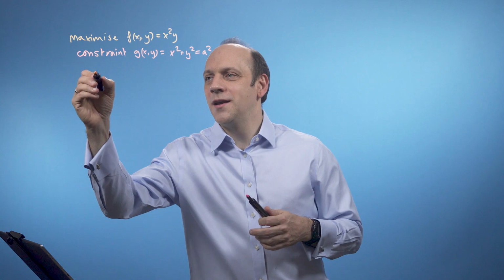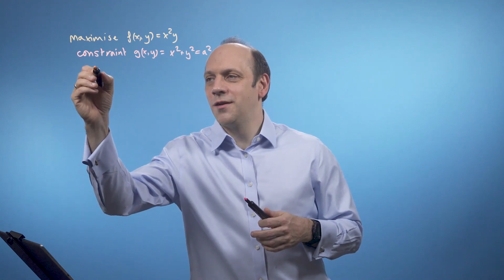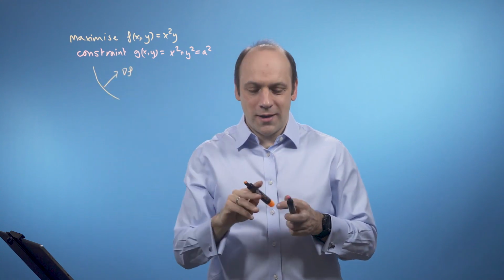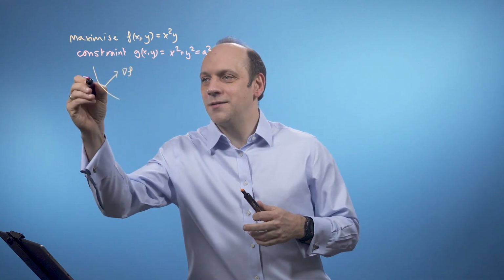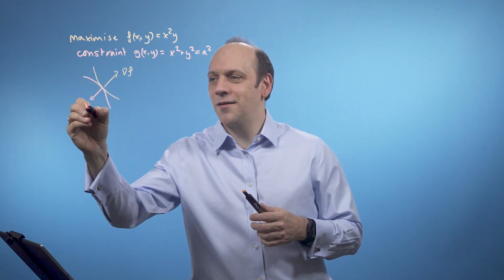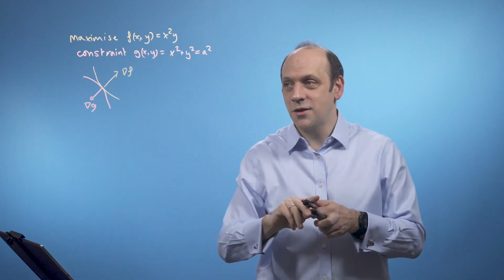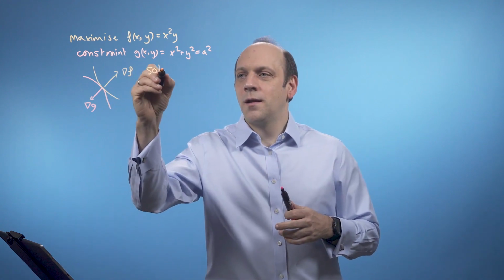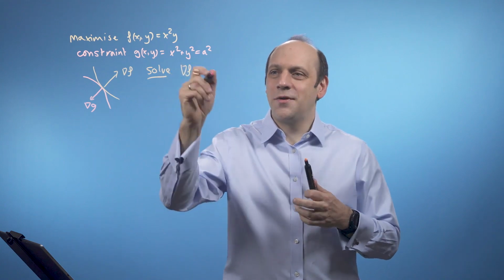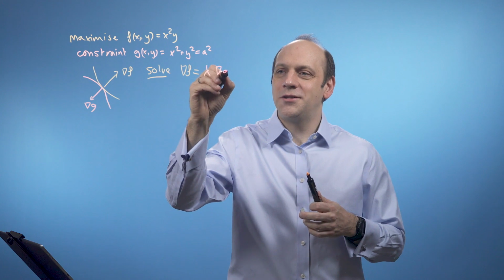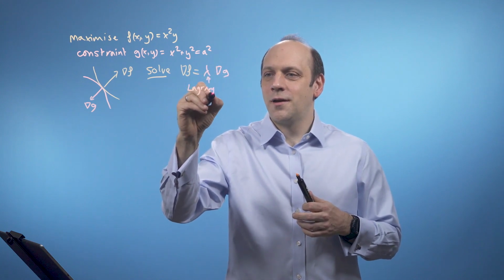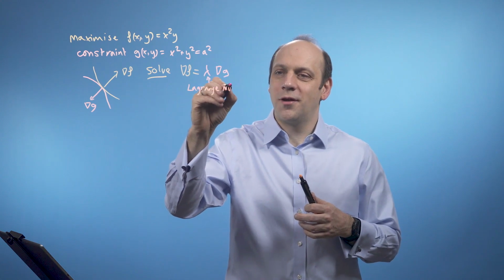So what we're saying is, if we've got the function doing something like this, and it has its grad that way, and the circle has some path that's doing that, and it's got its grad that way, what we're doing is we're solving grad f is equal to lambda, some number, times grad g, where lambda is Lagrange's multiplier, or the Lagrange multiplier.